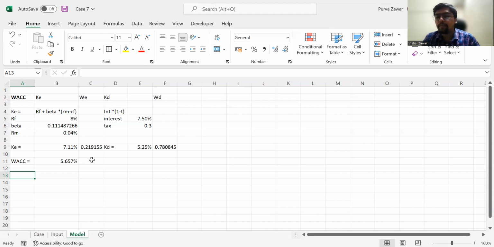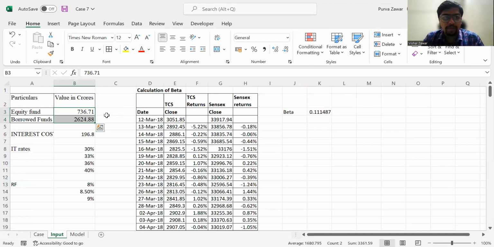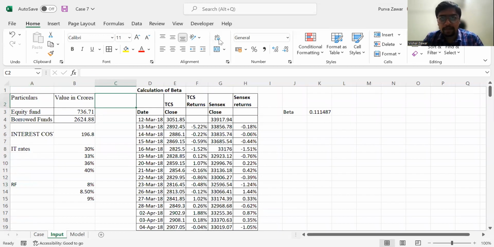So this is a very important parameter which helps companies evaluate which projects they should go forward with and which they should not. Okay, so I hope this case was understood. We will discuss the next step in valuation in the next video.